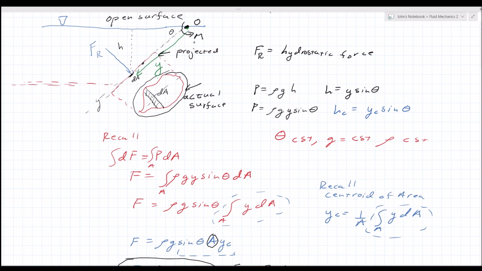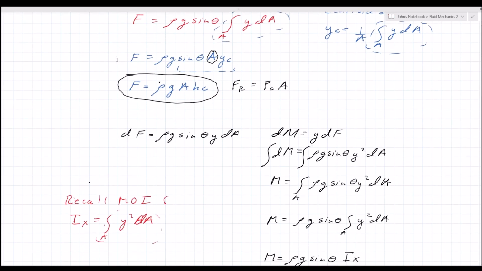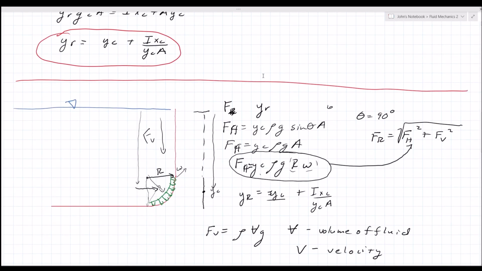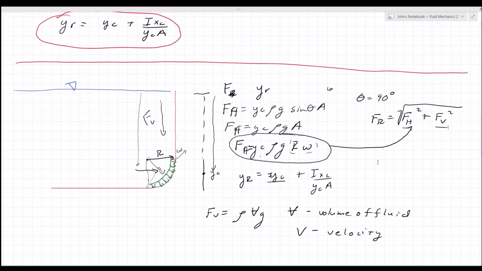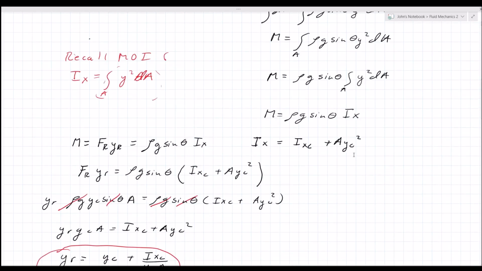If my plate is a half circle, my projection will be a line, but my area will be pi r squared over 2. For a triangle, your area is 1/2 base times height, and so on for each shape. Only the quarter circle dome here has a special case where you have to do the horizontal and the vertical components to find the resultant hydrostatic force on the shape.